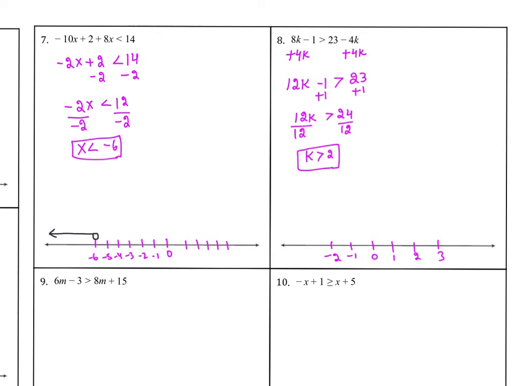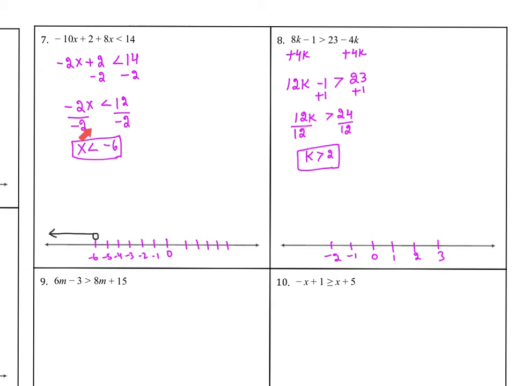For number 7, you're going to combine the like terms. Negative 10x plus 8x is negative 2x, plus 2 is less than 14. You subtract 2 on both sides, you get negative 2x less than 14 minus 2, which is 12. Now we're going to isolate the x.